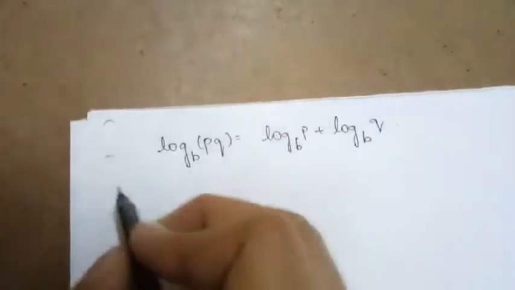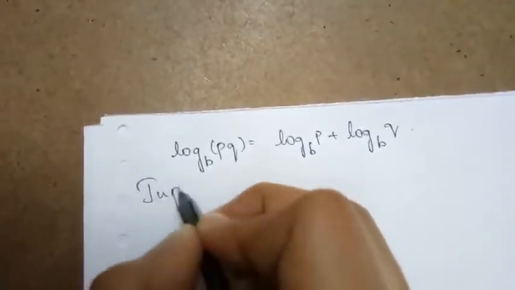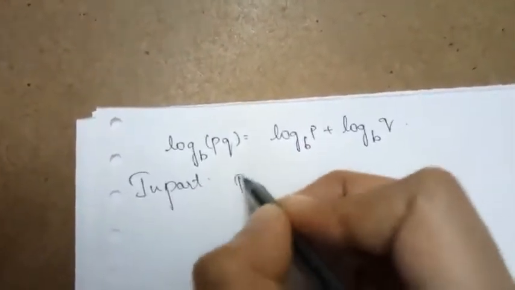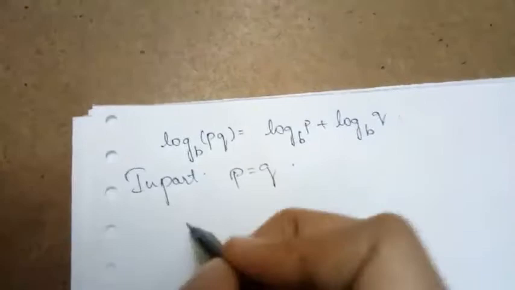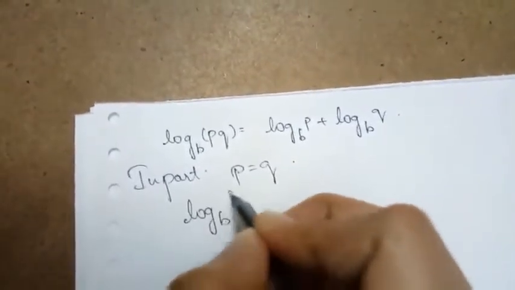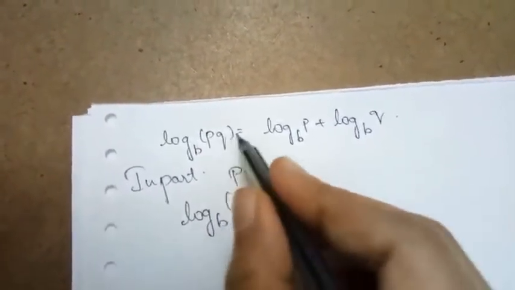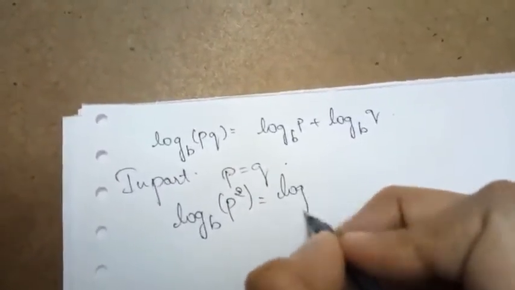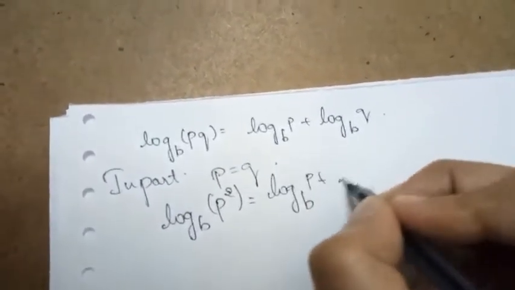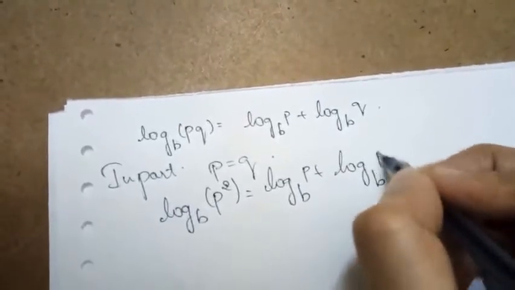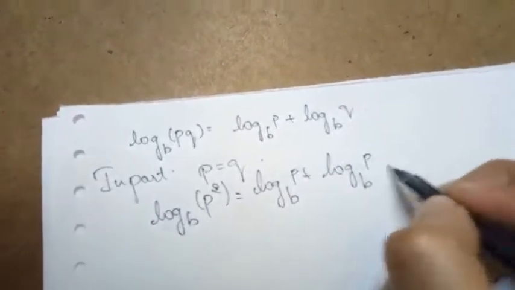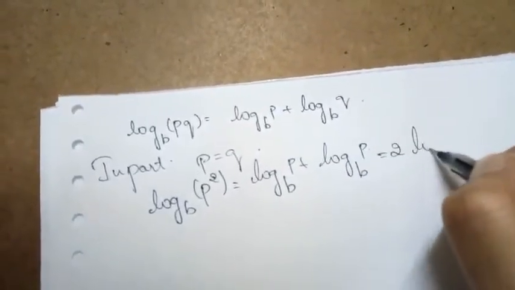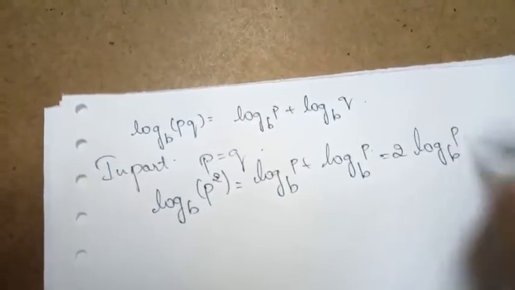Now in this property in particular, if I consider that p is equal to q, what happens? Log base b of p into p itself, that is p square, so log base b of p plus log base b of p itself. This is equal to 2 times log base b of p.